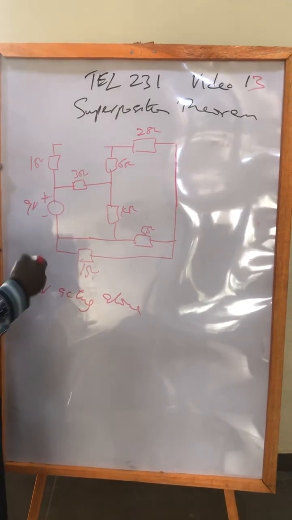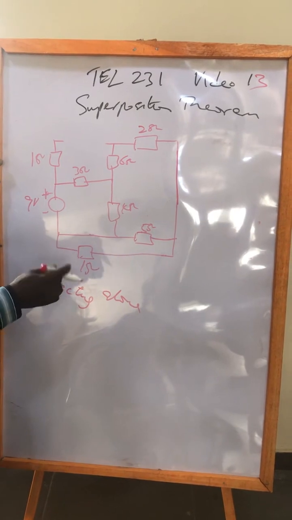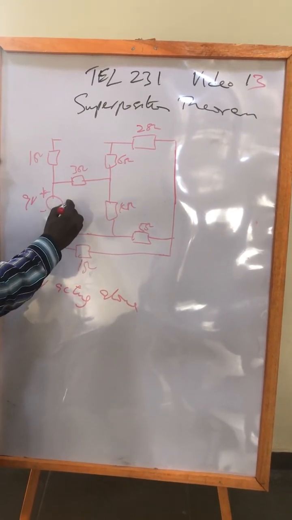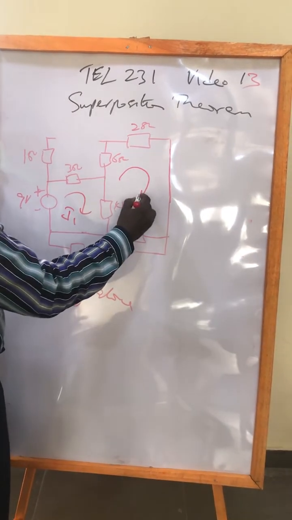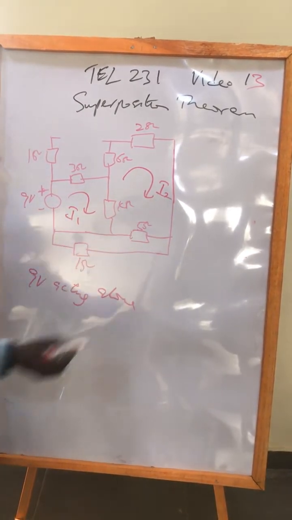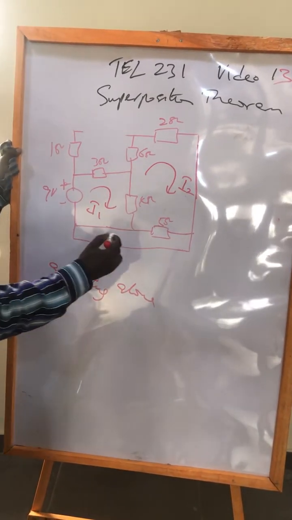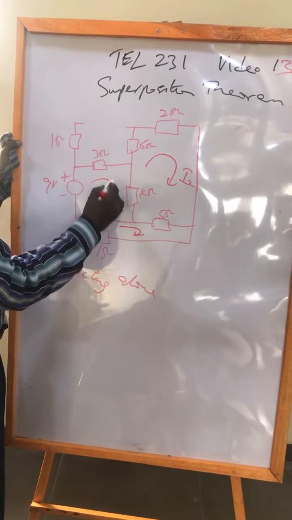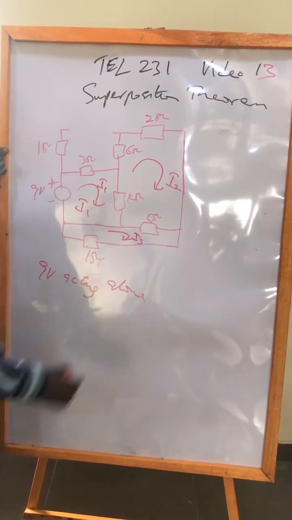If you are solving it, let's use mesh analysis. Let's say this is mesh 1, I1, this is mesh 2, I2. You can use one method inside another method. It is allowed. So let me use mesh. This is I1, this is I2, this is I3.